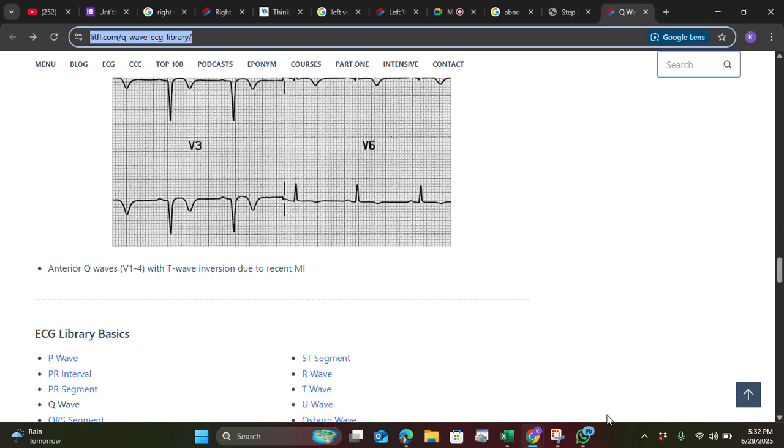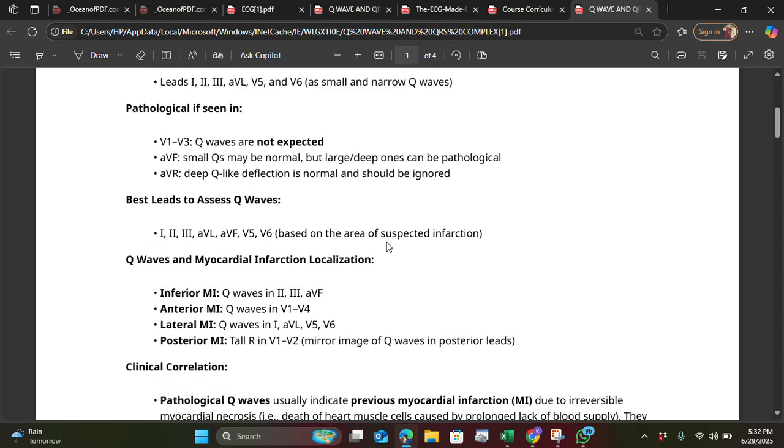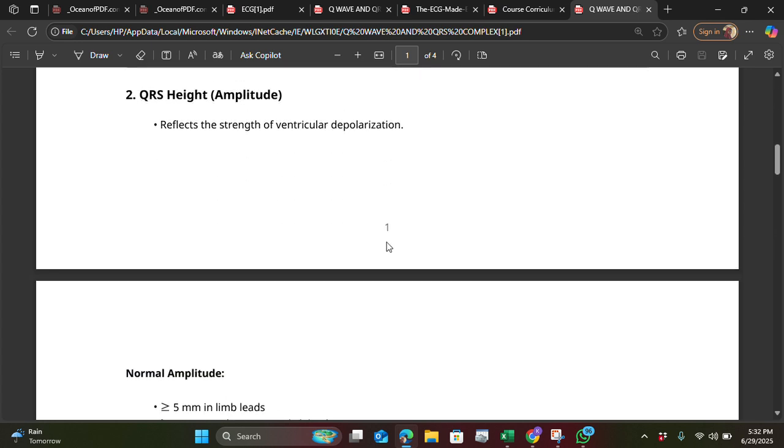So let's move on to QRS height. After dealing with our Q wave, we're going to move into the QRS proper. Your QRS, like every other thing, has a height and a wideness. We're dealing with the height first.